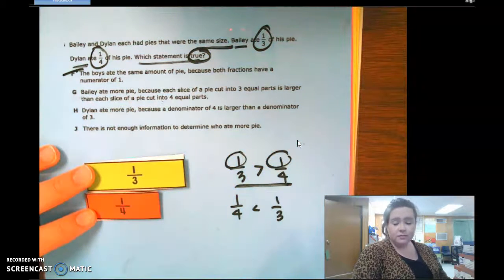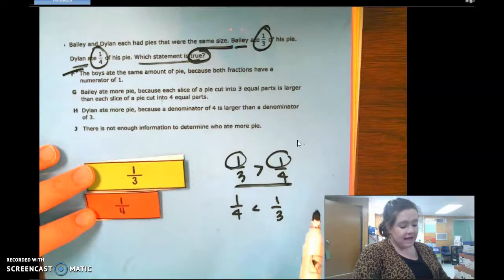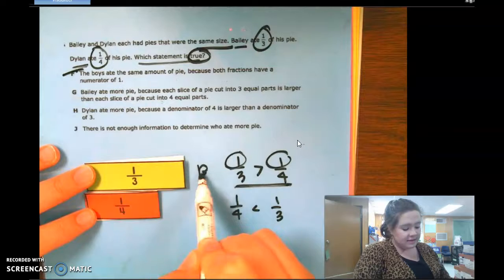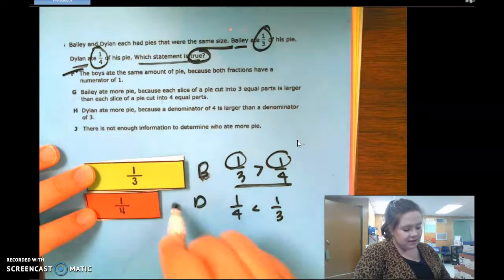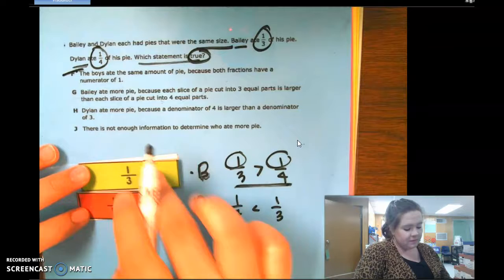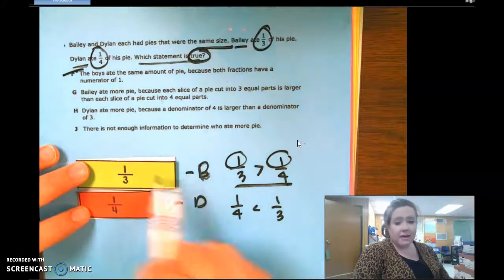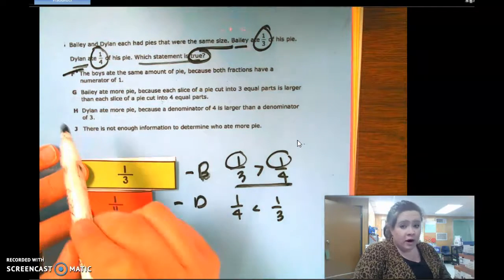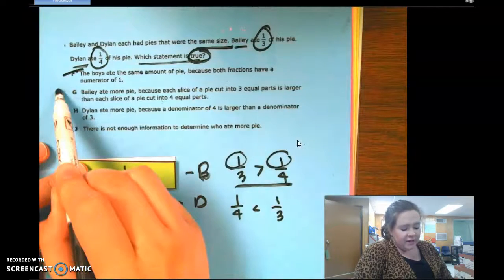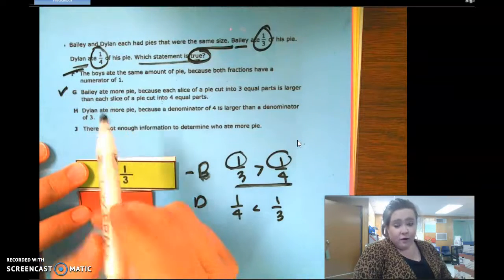Is that true? Yes, this is Bailey's, and this is Dylan's. Okay, this is what Bailey ate, and this is what Dylan ate. Bailey did eat more because 1/3 is larger than 1/4.